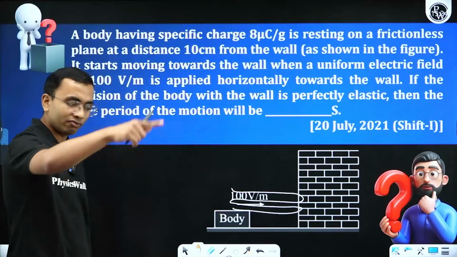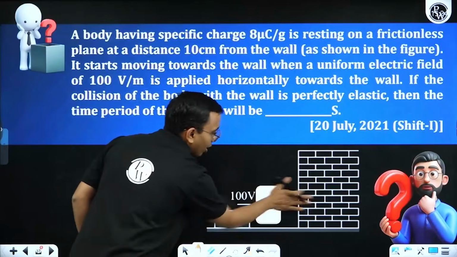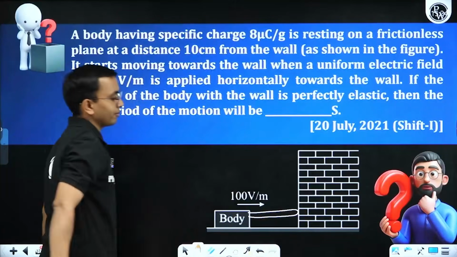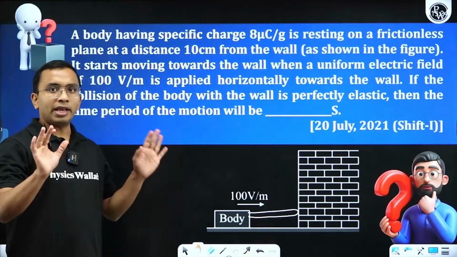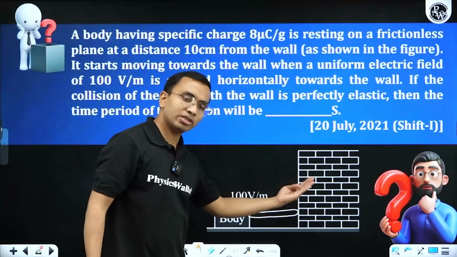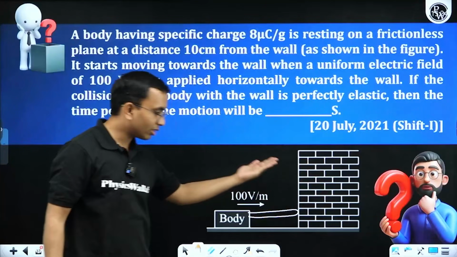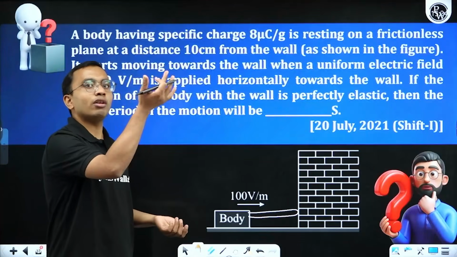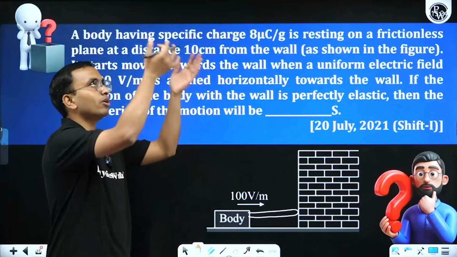Time period means of one complete cycle, means going, striking and coming back. And I can say that the time it will take to go and strike will be the same as the time it will take to come back to that point, because if you throw a ball vertically upward, it will come back.